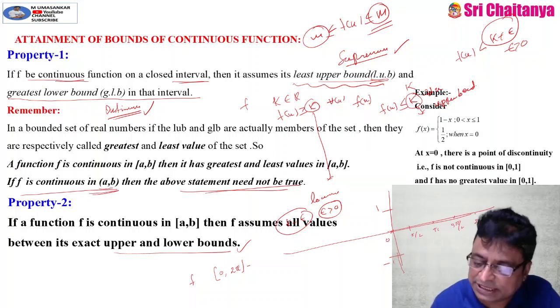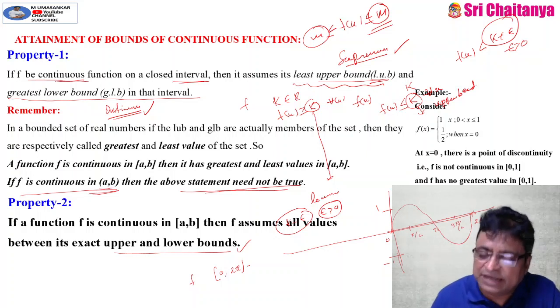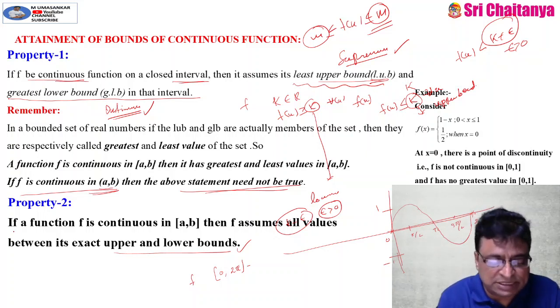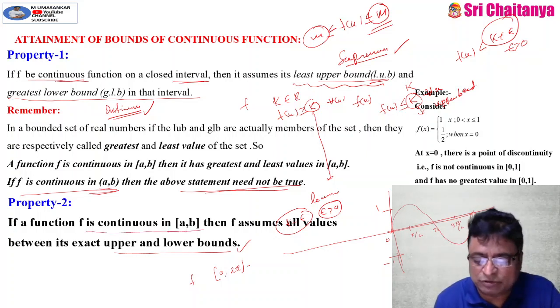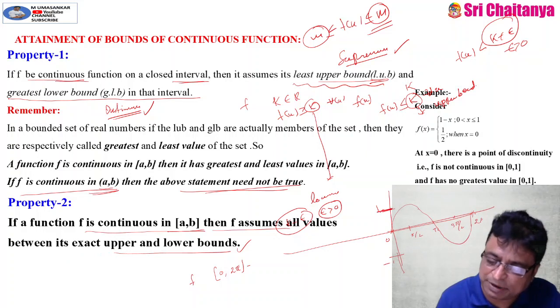So my function is like this. It is a continuous function. Then what this theorem tells is that if a function f is continuous in a closed interval [a, b], then f assumes all values between its upper and lower bounds. What are the upper and lower bounds? This is the upper bound and this is the lower bound.